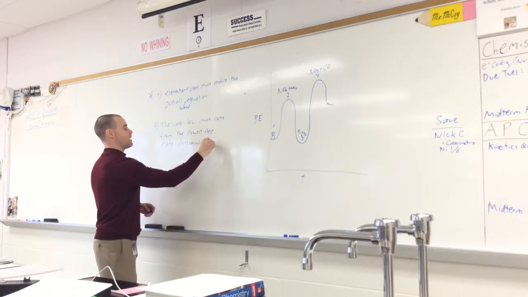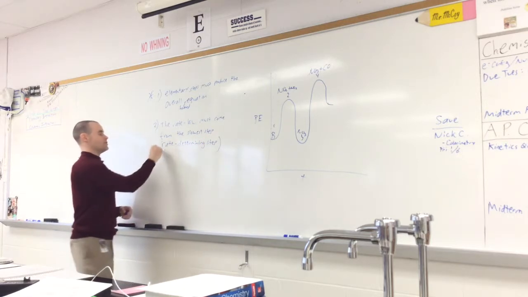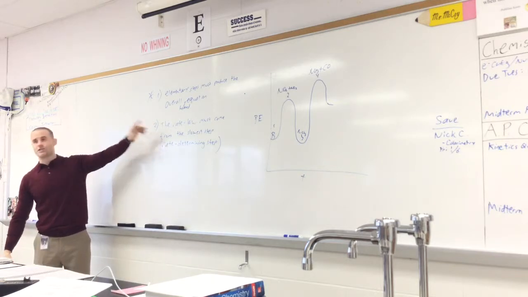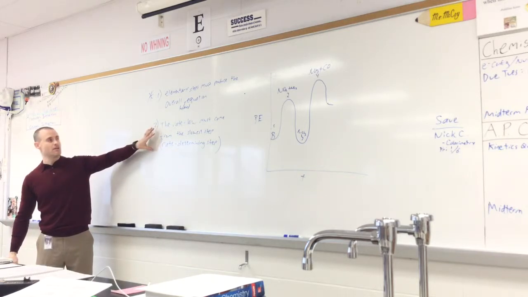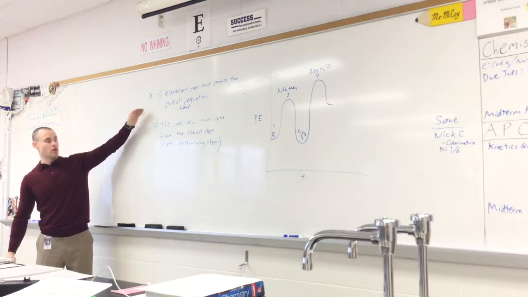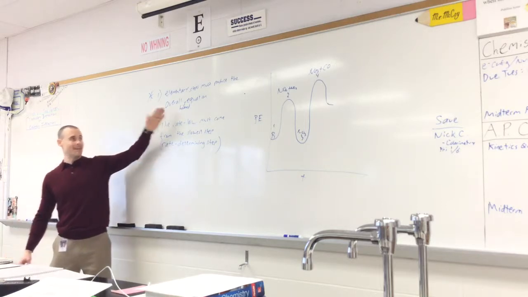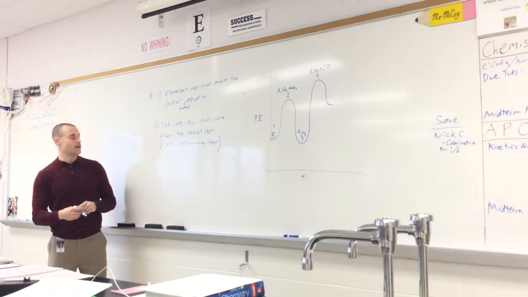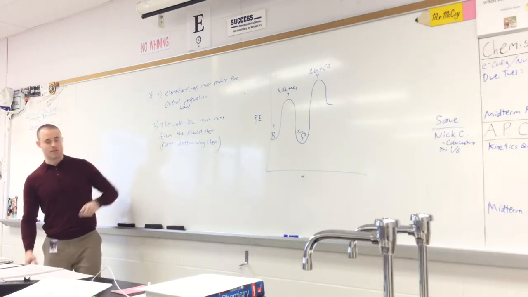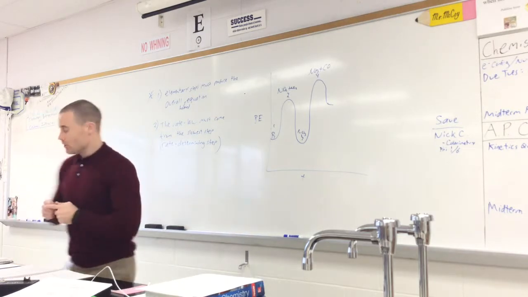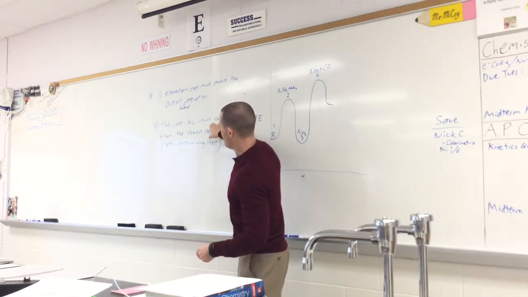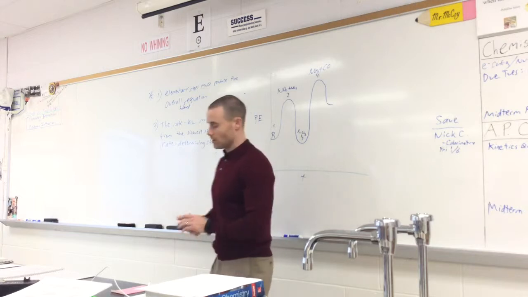So when you're writing out a mechanism, or if you're given elementary steps, the slowest one must match the rate law. That's what that means. And then the overall equation, you must be able to get that when you start canceling things out. And that's part of the intermediate stuff we talked about earlier. So when you see steps in a reaction, these things must be satisfied. This must happen in the slowest, and then you must be able to get the overall.